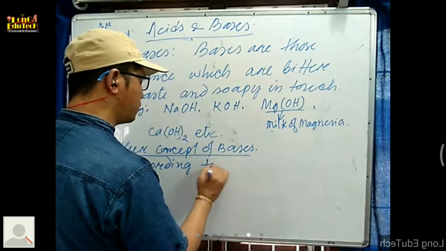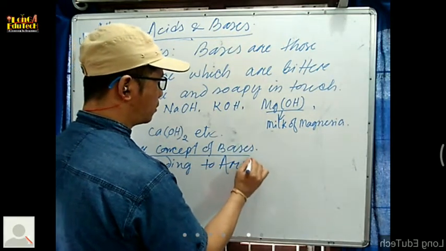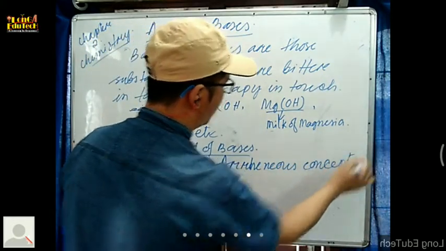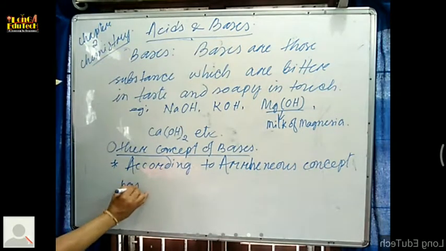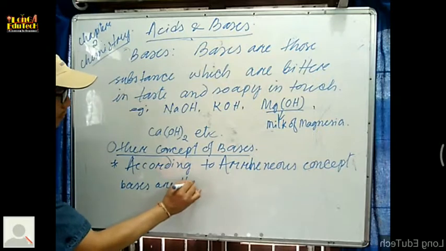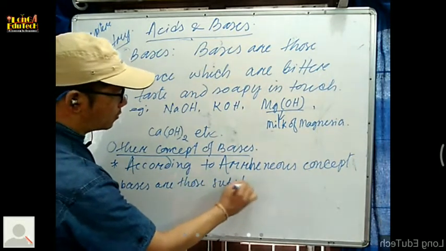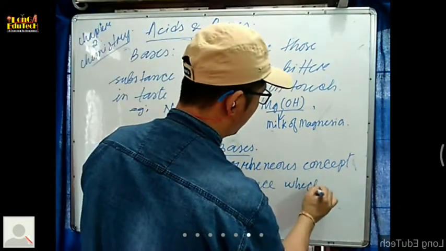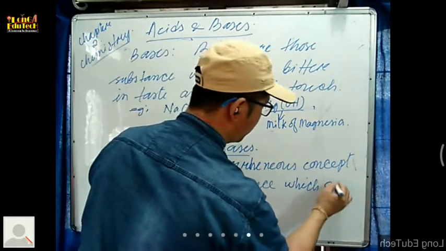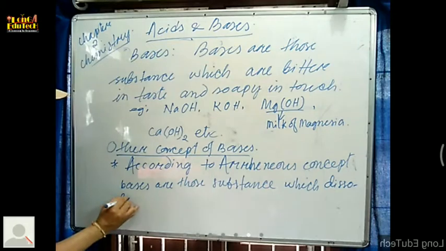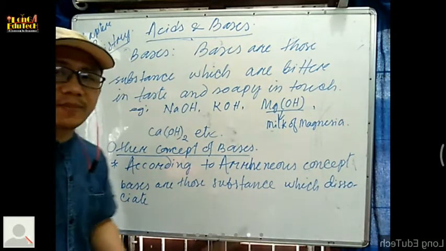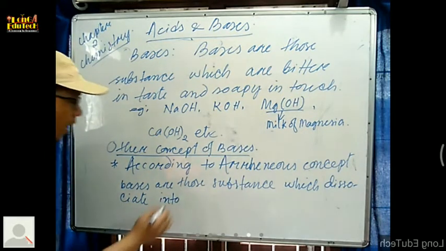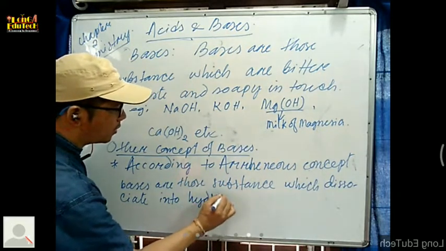According to the Arrhenius concept, bases are those substances which dissociate into, generally, hydroxide ions. Dissociate means to break down.